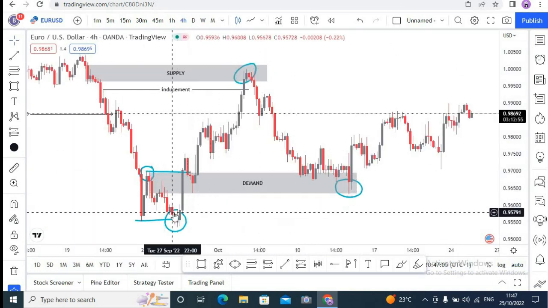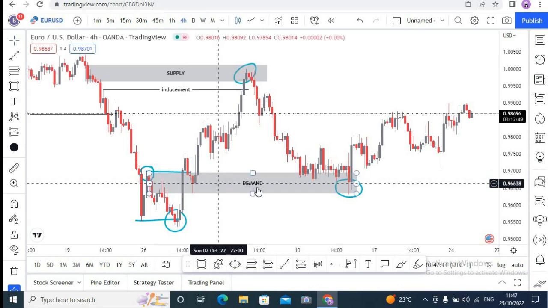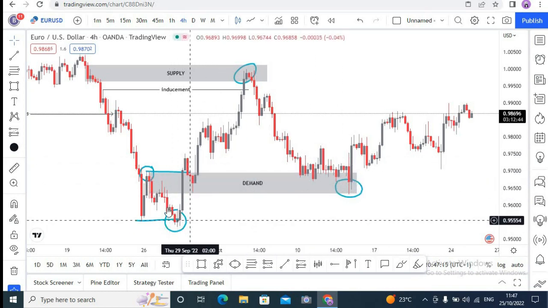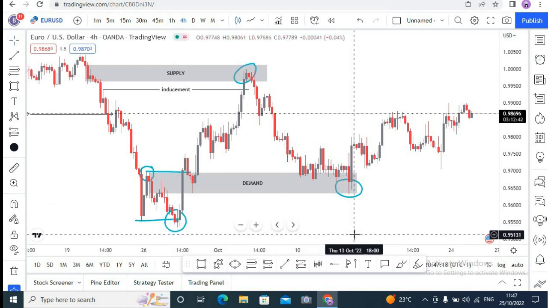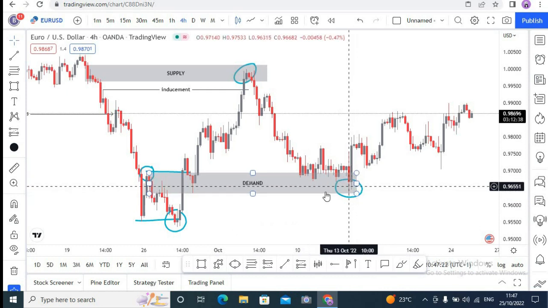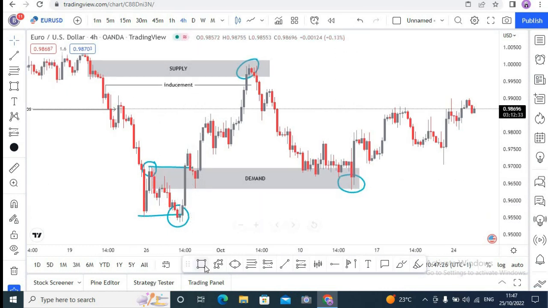So as you can see now, the price came back to this failed supply and then flipped to be a demand. But the price didn't manage to come back to this swing low to create a new swing low. So they created a scenario of a new swing low above this swing low. This means that this low is a strong low.